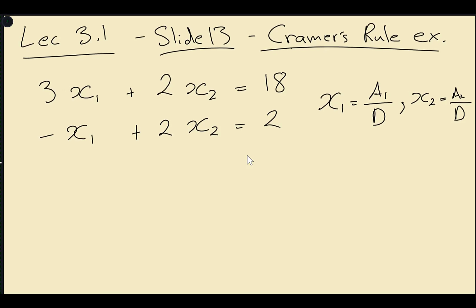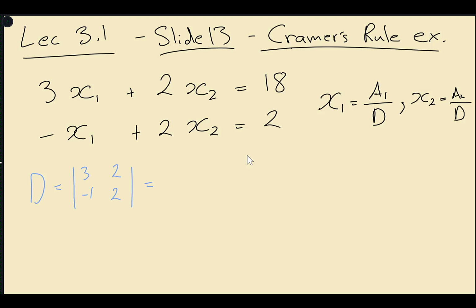Let's start with D. D is the determinant of the coefficient matrix. So what's the coefficient matrix in this case? Right, 3, 2, minus 1, 2.